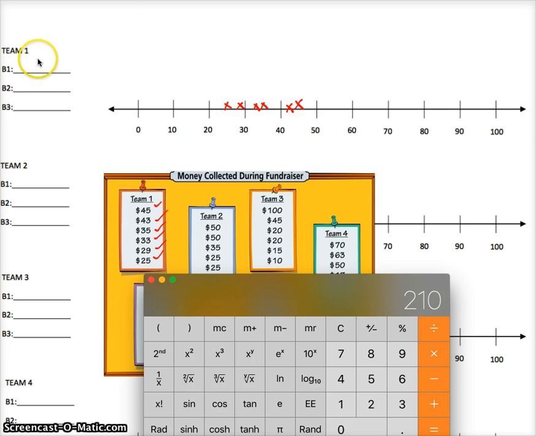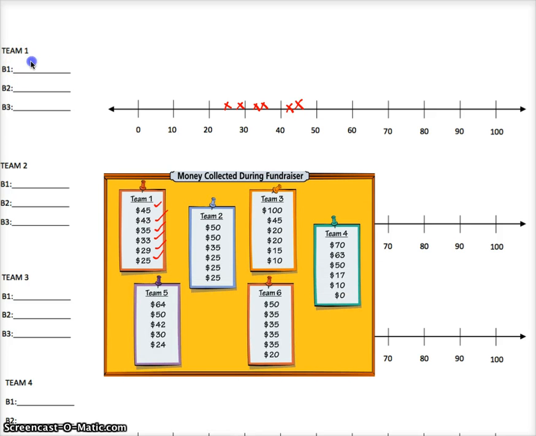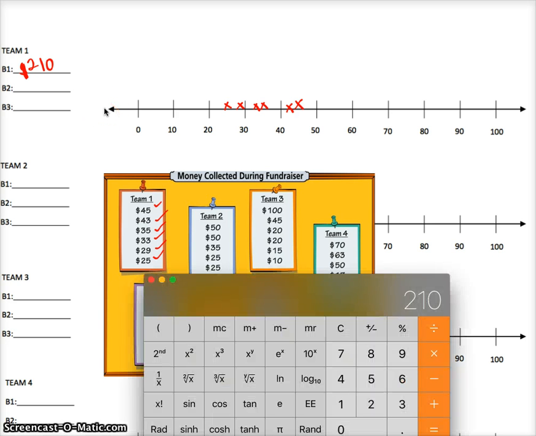Okay. Now, I've done this every year, sometimes even twice a year, $210. I'm going to guess that each one of these is going to be $210. That's too easy to determine the winner. Let's just add up team 2 just to check.